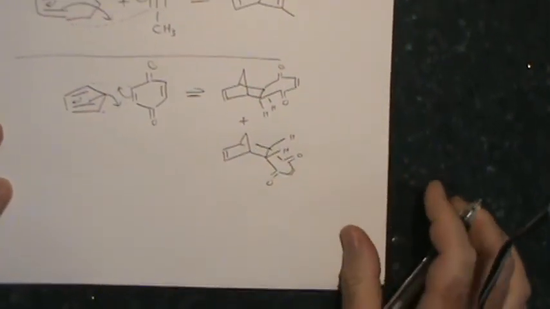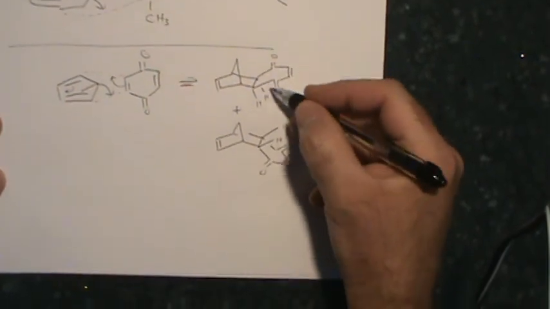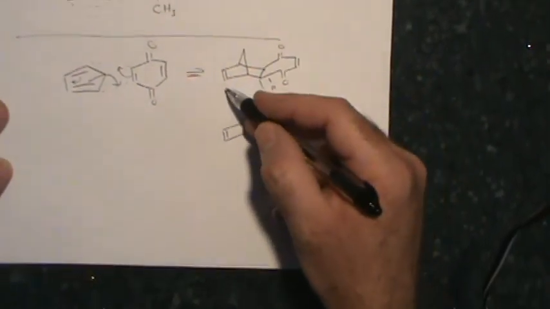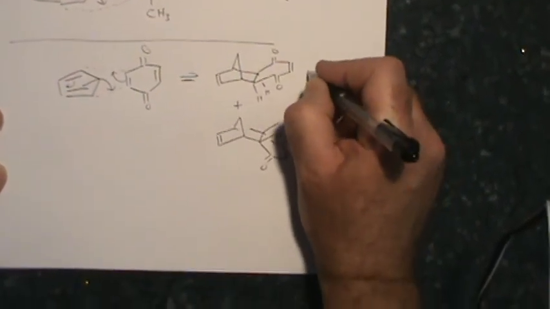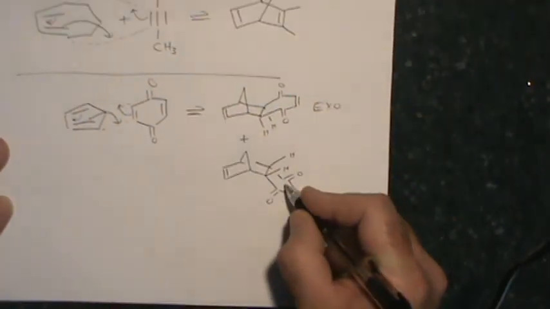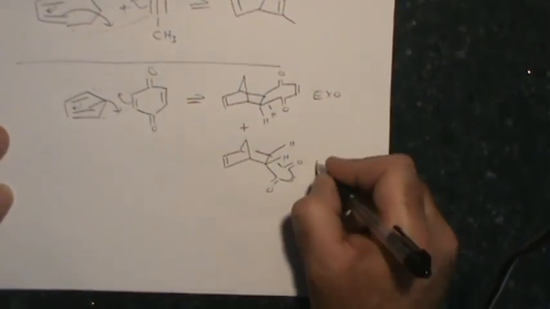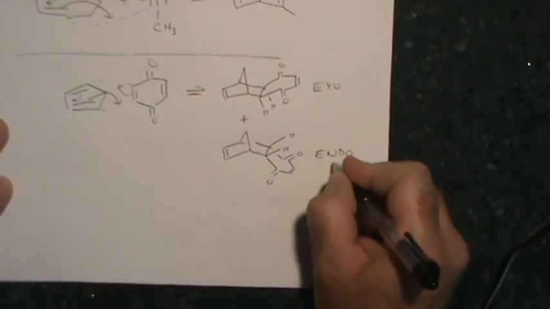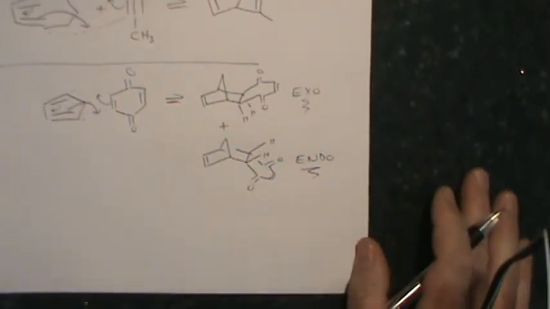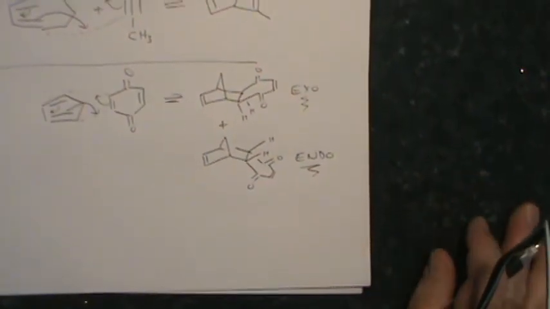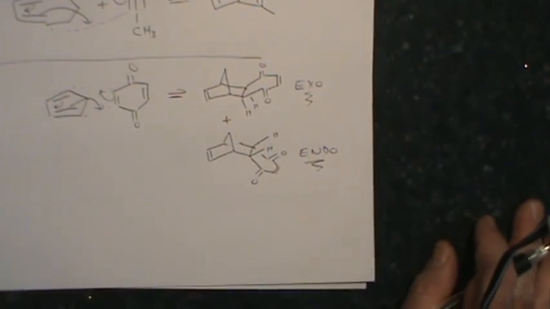It'll look like this. Because this ring substituent is further away from the developed pi bond, this one is exo, and closer to the developed pi bond here, this one is endo. So we've got to get used to thinking about these endo-exo structures. They can show up in a lot of different ways.